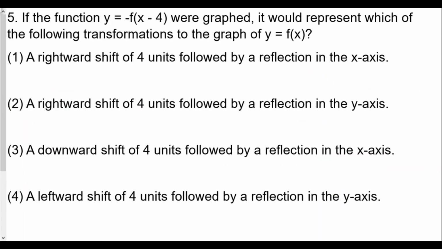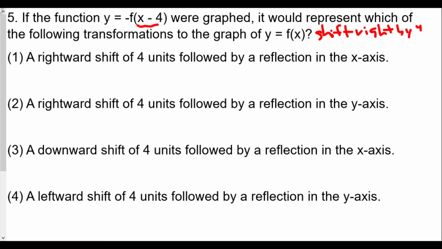Question 5. If the function y equals negative f of x minus 4 were graphed, it would represent which of the following transformations of the graph y equals f of x? So let's take a look here. It looks like we have inside a shift right by 4.